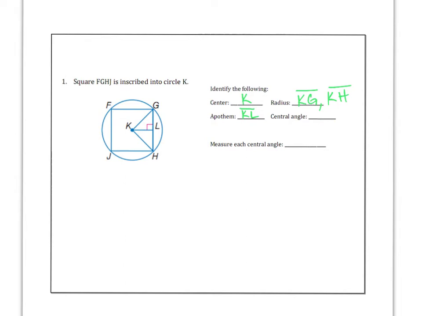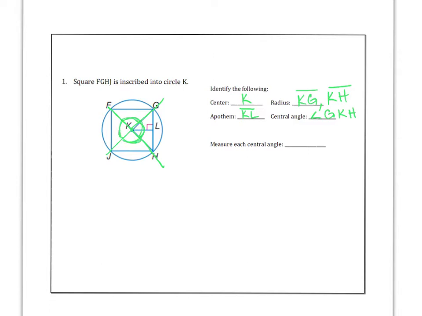The only central angle that's drawn in here is angle GKH. Angle GKH would be a central angle. It goes through consecutive vertices of the polygon, which in this case is a square. It does say find the measure of each central angle. Well, think about all the central angles that we can draw in. Here's one, here's one, here's one, here's one.